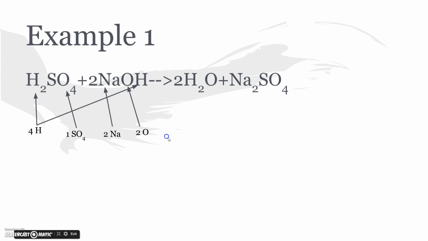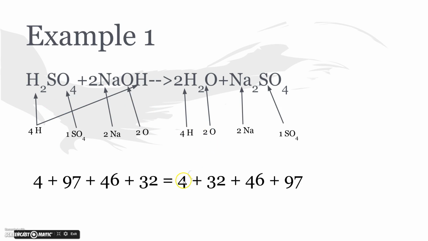On the product side, we have 4 hydrogen, 2 oxygen, 2 sodium, and 1 sulfate. So, since the same amount of elements are on each side, the mass on both sides of the equation stays the same.